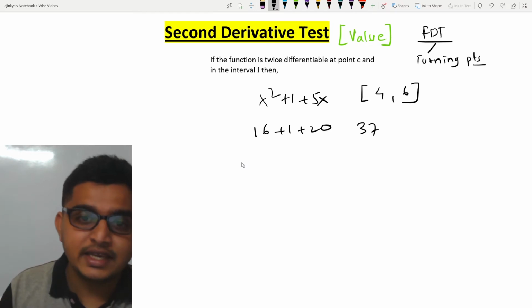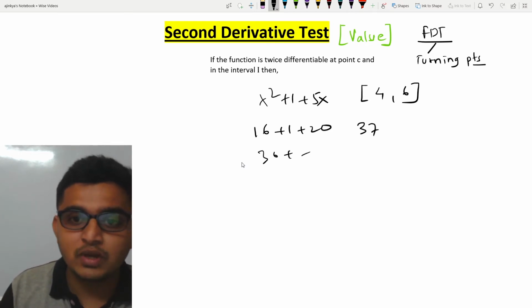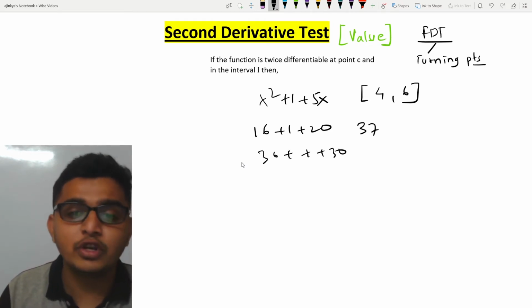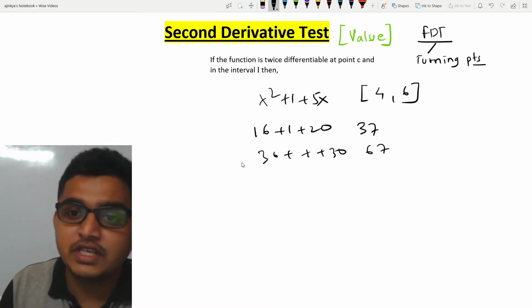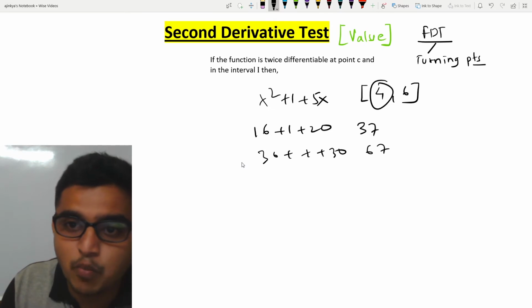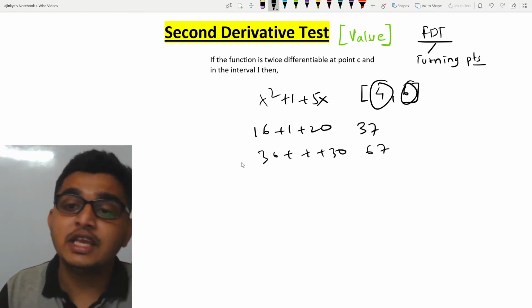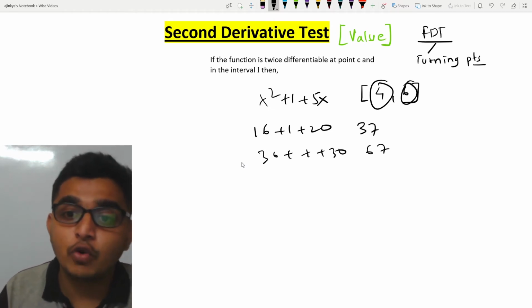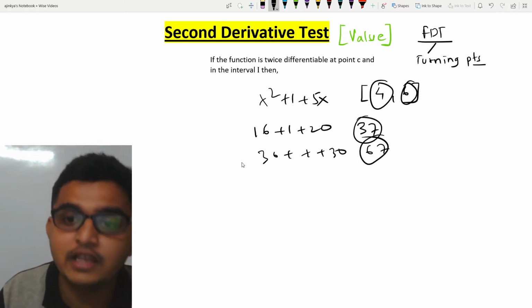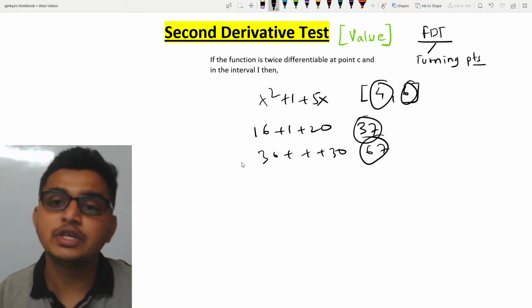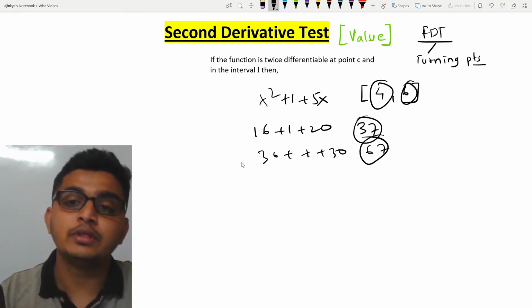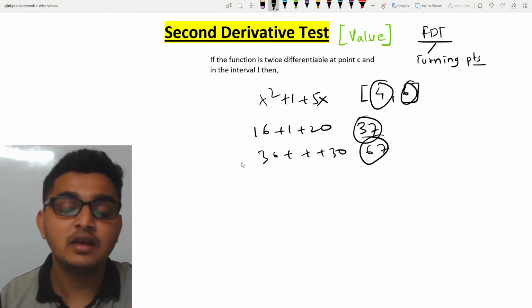And if I take 6, then it is 36 plus 1 plus 30, so it is going to be 67. So what did you see? In the first derivative test, we got to know what the points are. But in the second derivative test, we are going to find out what these values are. The values we get when we put in the turning points are going to tell you the exact information about that function.